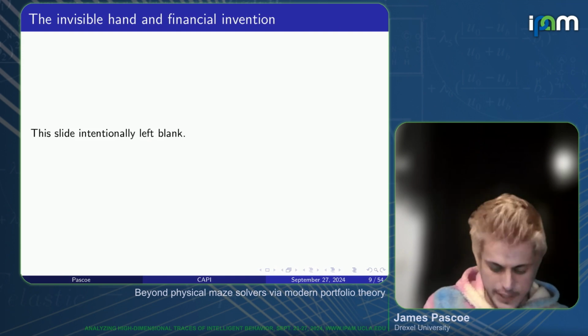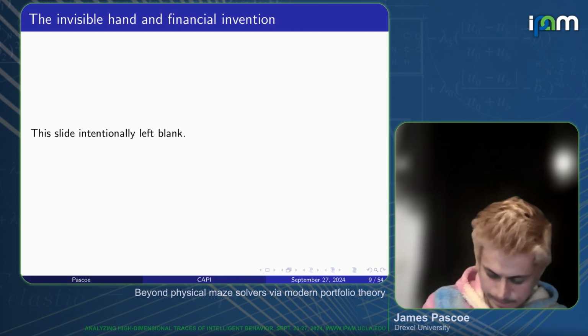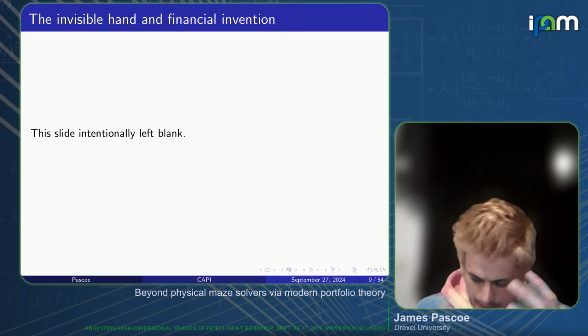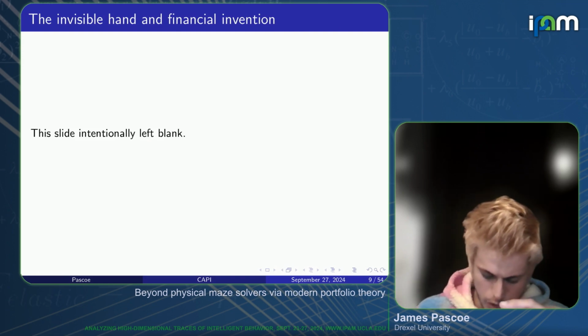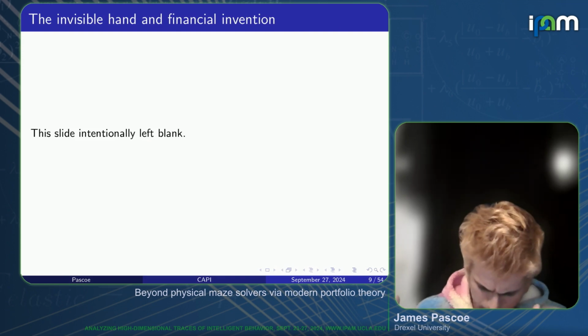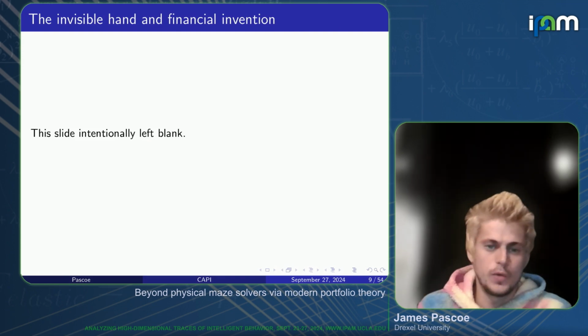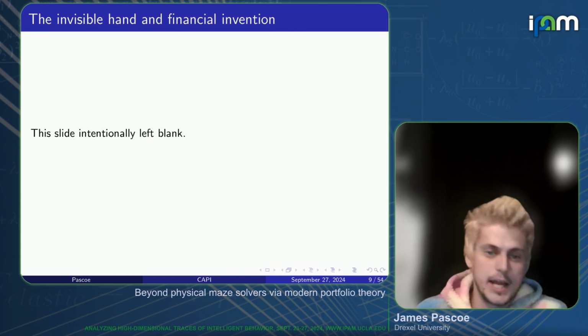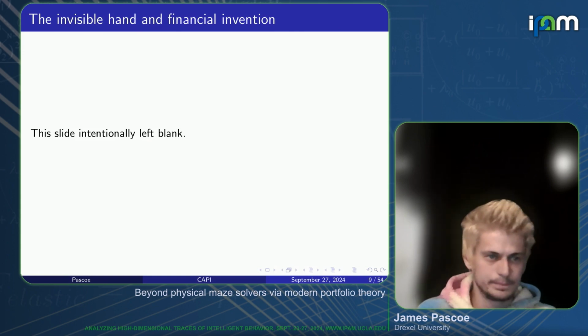There are other financial inventions such as money, debt, and other types of things. So what does a stock do? What is a stock fundamentally? A stock is when a company wants to raise money, so they sell little horcruxes of themselves to fund their existence.